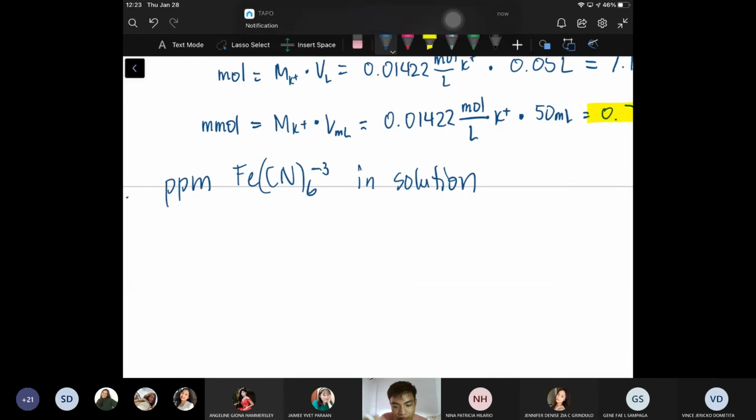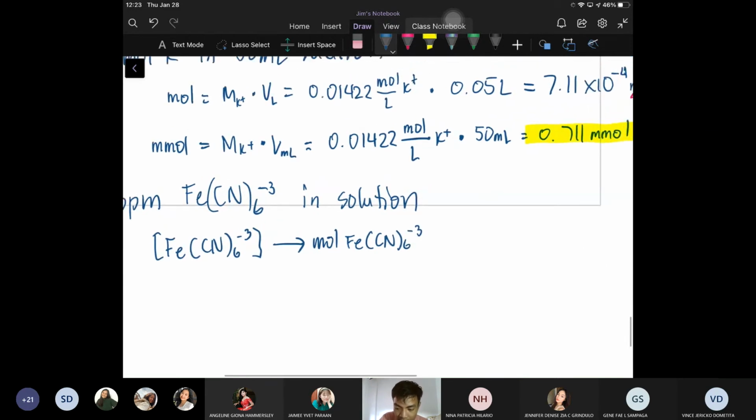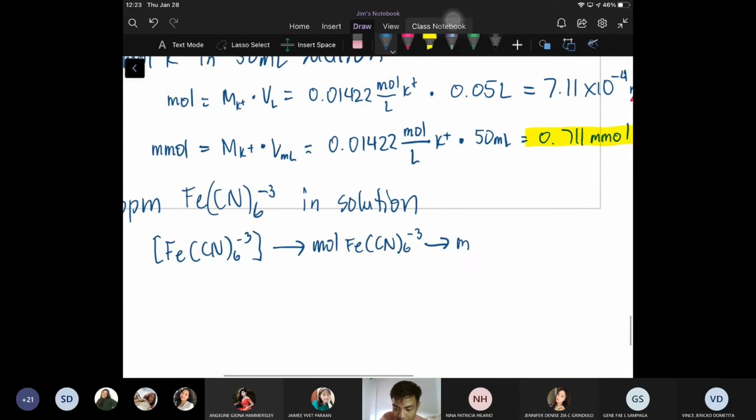Okay? So from the molarity of FeCN6, pag square bracket, again, molarity yan. Ko-convert mo yan into mole ng FeCN6, no? Then yung mole ng FeCN6, ko-convert mo yan to mass ng FeCN6.